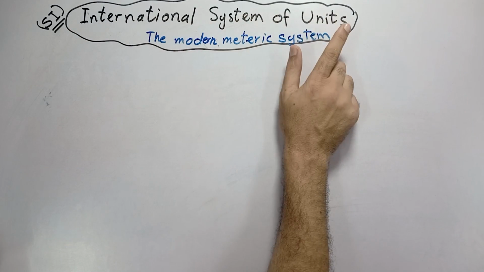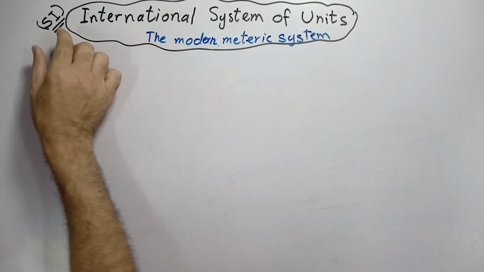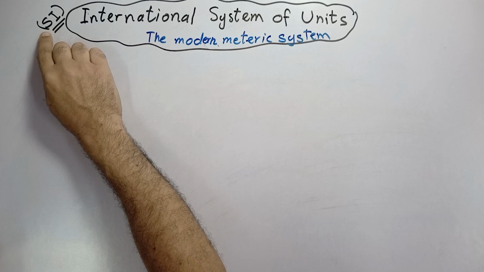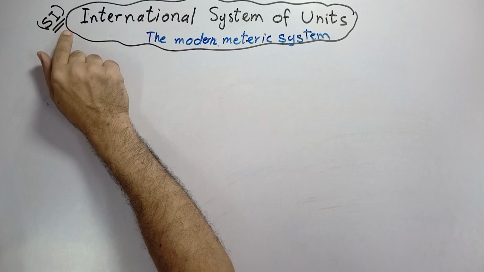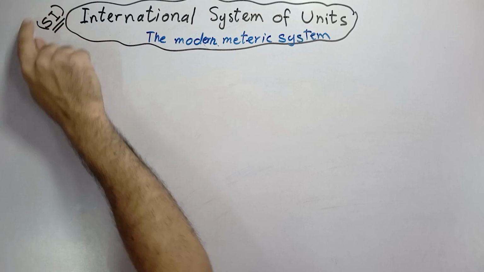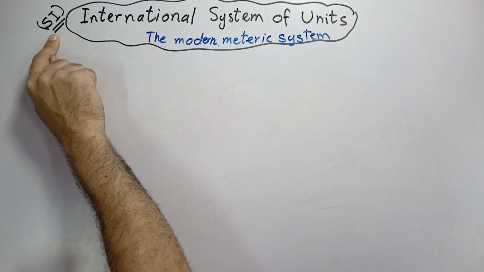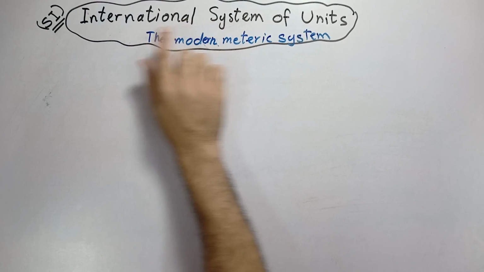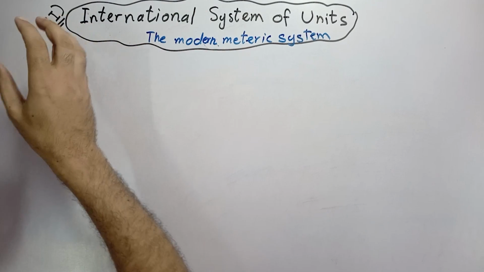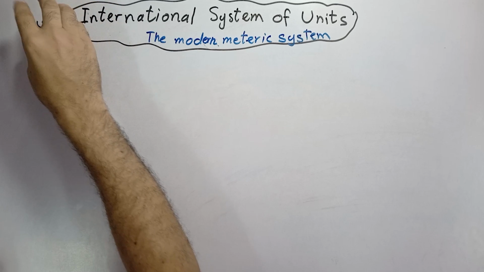Or we can write it like this: SI, just SI, but we put the letter S before the letter I because it comes from the French language. In French language, they say Système International. So S before I, okay? We write it the same, SI, okay?